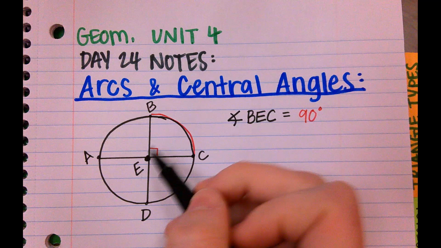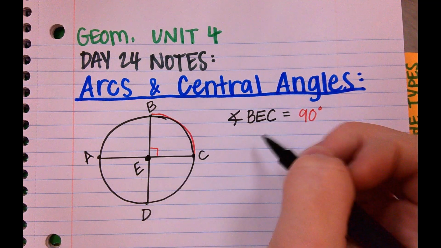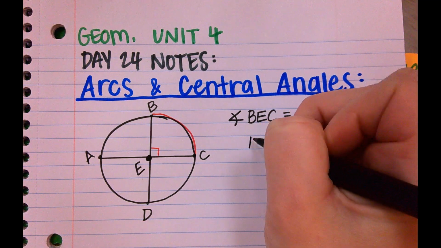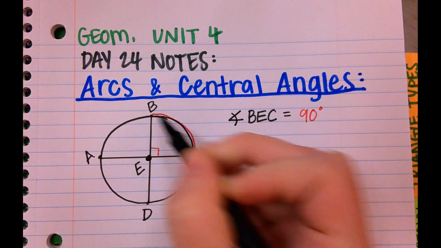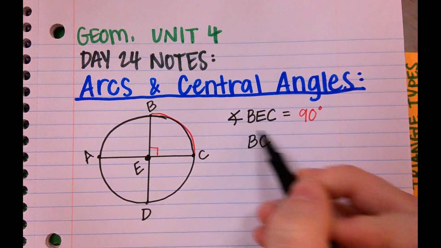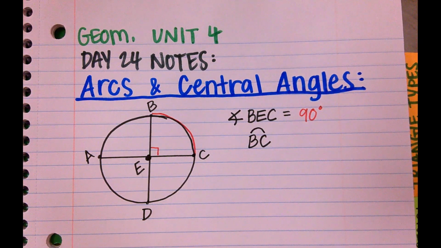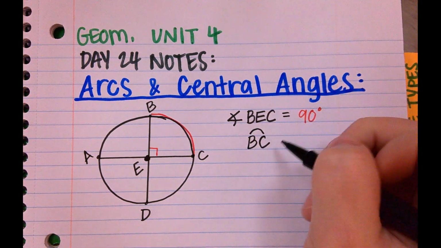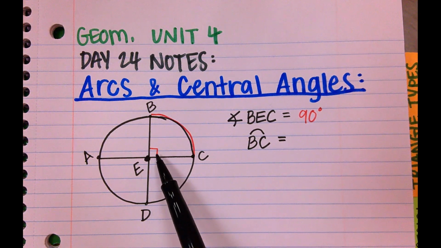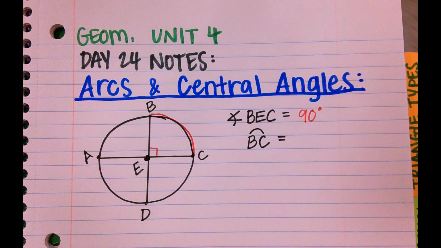What's really nice about arcs and angles is they're the same. This is how we name them though. This arc I've just highlighted here, we would name just like we would a line segment, point B to point C, so it's BC, but instead of drawing a line over the top, we draw an arc. And because the angle inside of the arc is 90 degrees, we also can say the arc is 90 degrees.